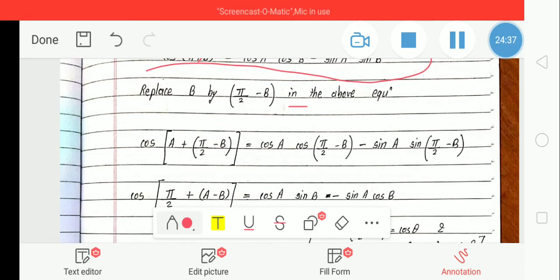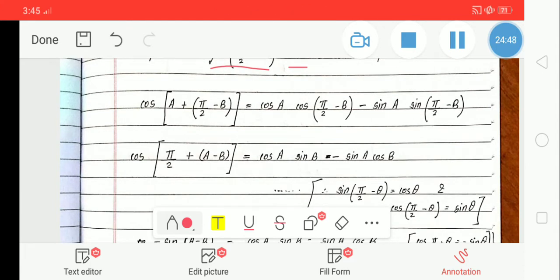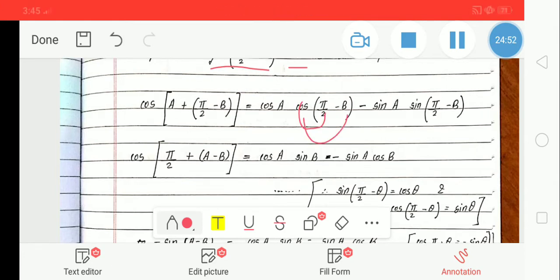So cos(A plus pi by 2 minus B) is equal to cos A cos(pi by 2 minus B) minus sin A sin(pi by 2 minus B).